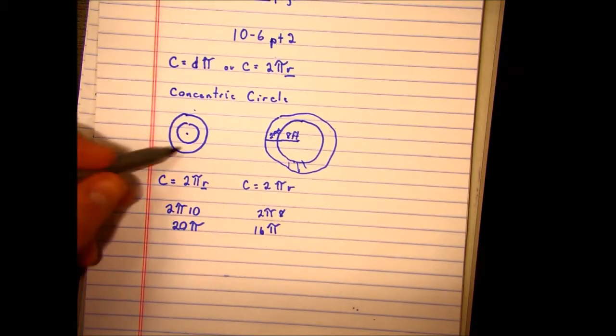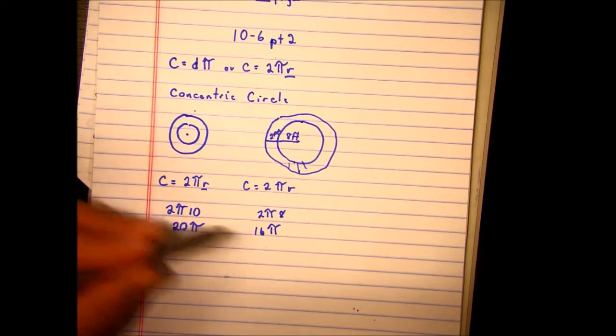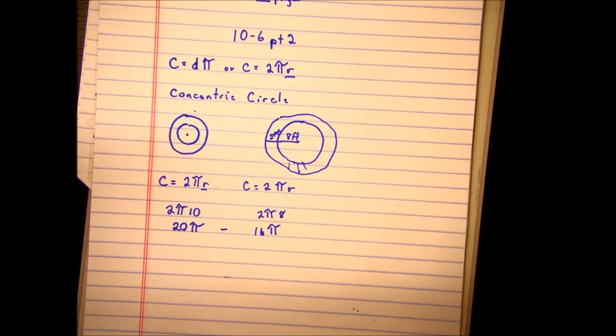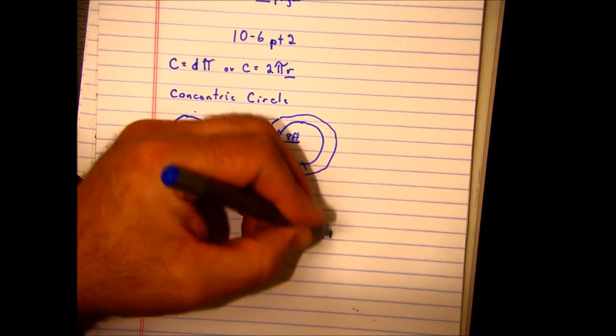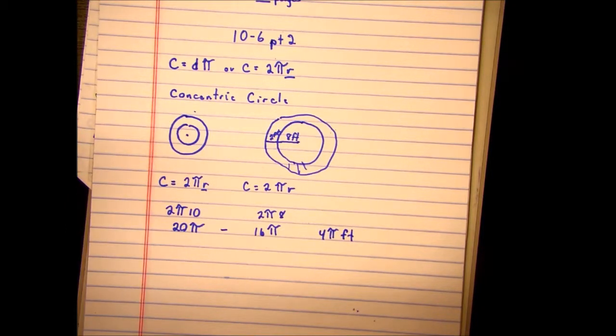Well, hopefully you know they're inside of each other, so whatever the distance around the inner, I subtract from the outer. So basically I've still done the same work, except here I minus the 2, because I'm trying to find the difference. And the difference is an answer to a subtraction problem, which means the outside track is 4 pi feet longer than the inside track. All right?